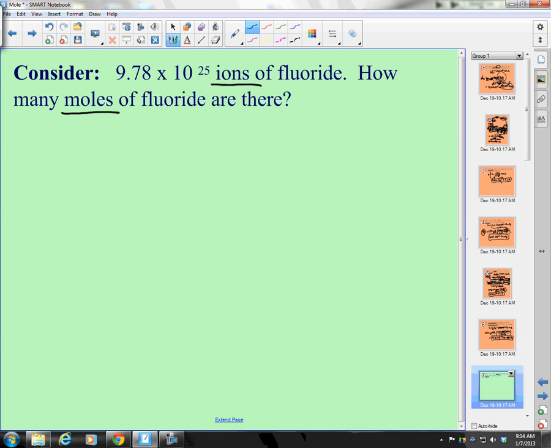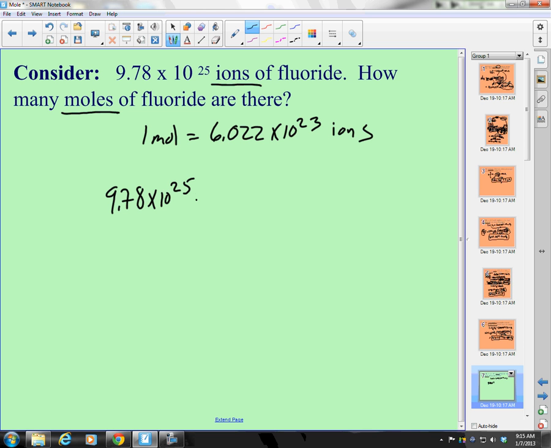That is the process, but I don't use that process. I use dimensional analysis, because I know that 1 mole is equal to 6.022 times 10 to the 23rd ions. I start with 9.78 times 10 to the 25th ions, and I'm going to multiply that by a fraction. I'm going to put on top what I want, which is moles.